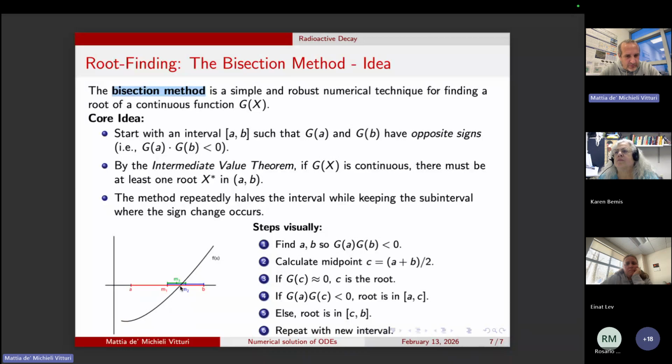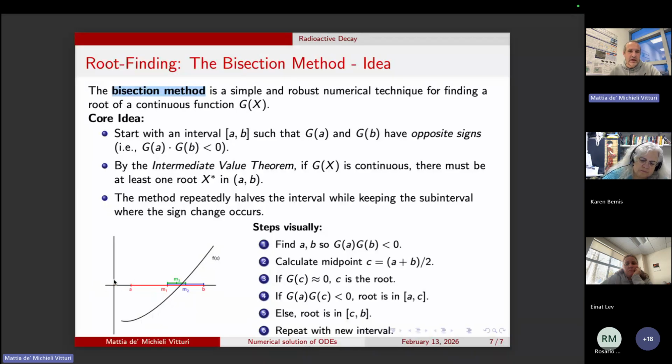So we want to find the intersection between this and the condition y equals 0, so the x-axis. If this function is continuous, and we know that on one side is negative and the other is positive, somewhere this should intersect the y equals 0 line.